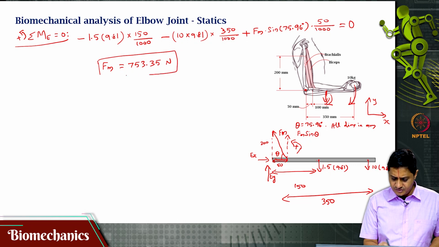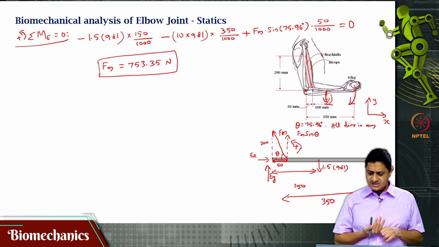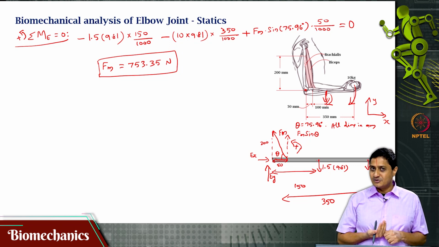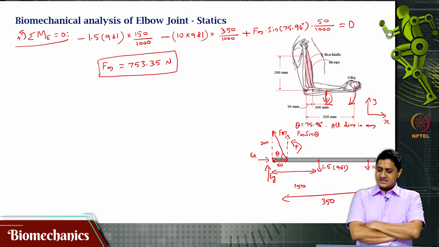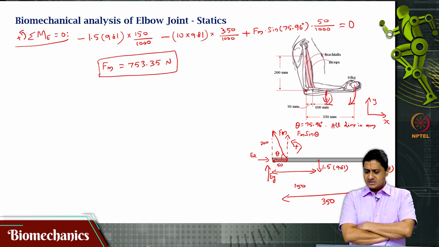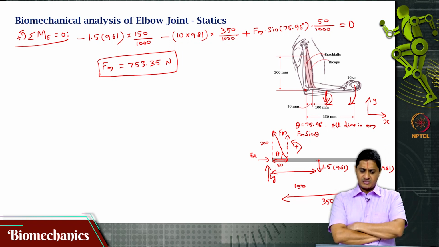Once again, it is useful to get an intuitive understanding of this, but sometimes it is not clear how to get this, because a 10 kg load is acting at a distance of 350 mm, but it is overcome by a muscle force that is acting with a moment arm of 50 mm.